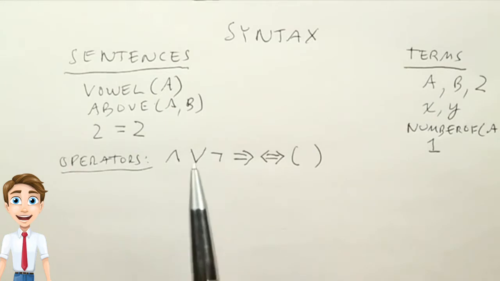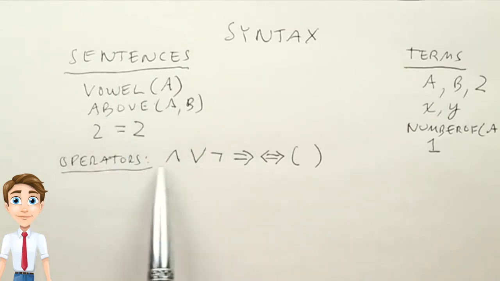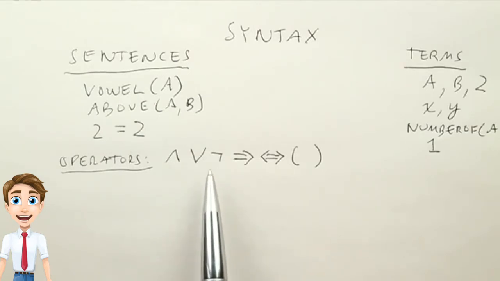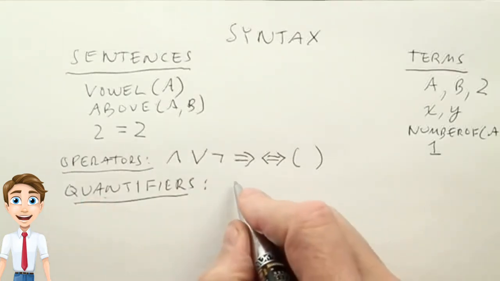And then there's one more type of complex sentence, besides the sentences we get by combining operators, that makes first-order logic unique, and these are the quantifiers. And there are two quantifiers.